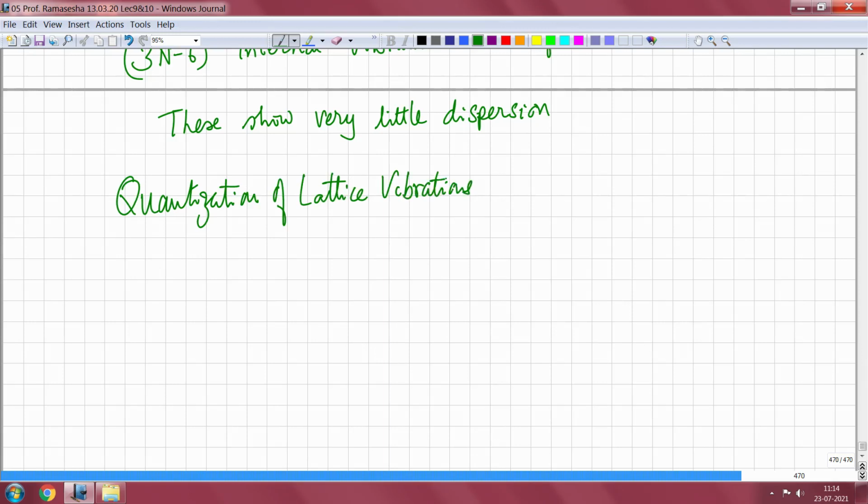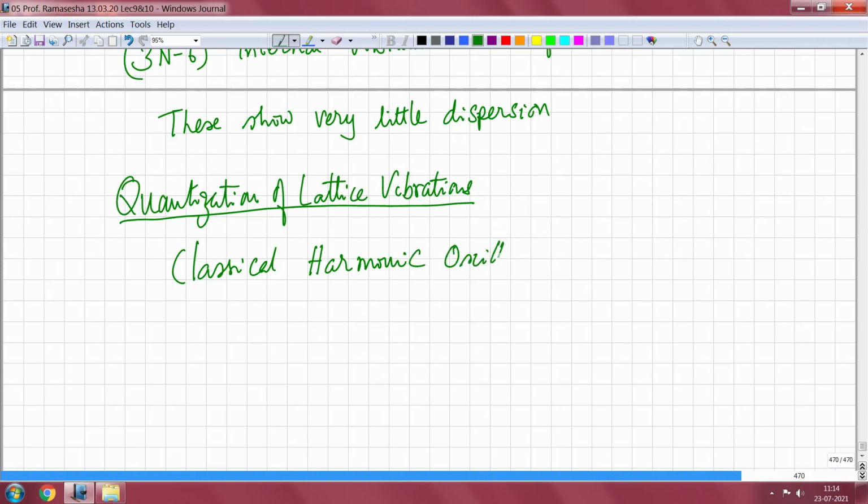So far we were only talking about classical calculations. We only did classical harmonic oscillator is what we studied. And in the classical harmonic oscillator we had a fundamental frequency which was given by omega q, depending upon whether you have acoustic or optic, and if it is acoustic, if it is longitudinal or transverse, and same with optic, longitudinal and transverse.